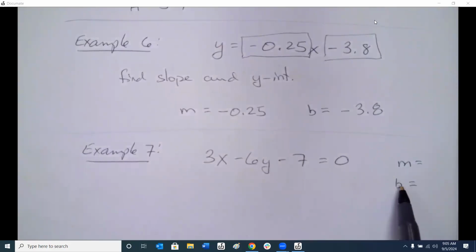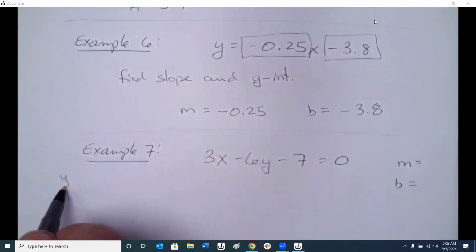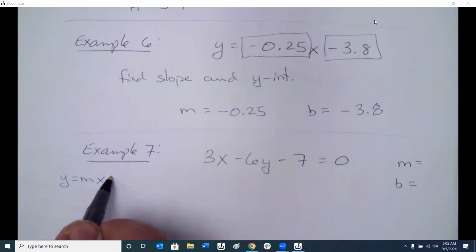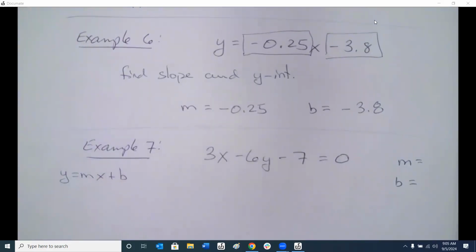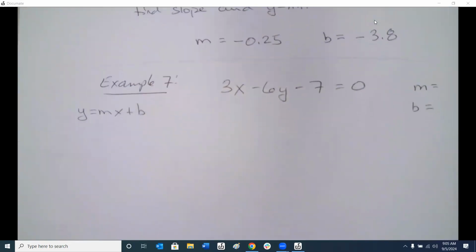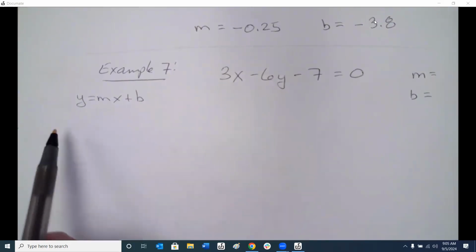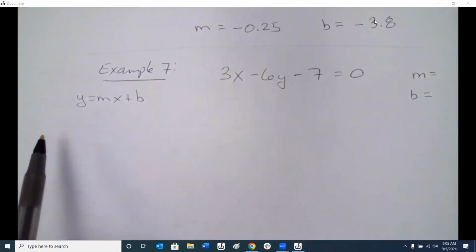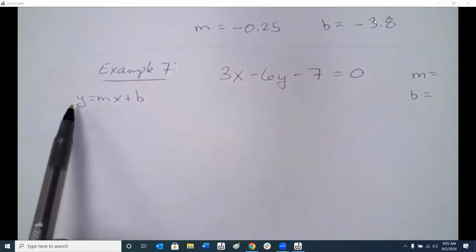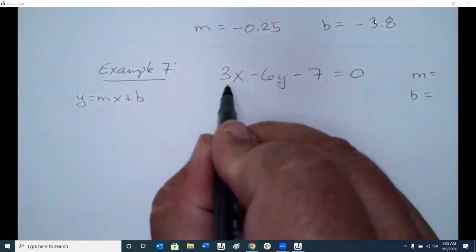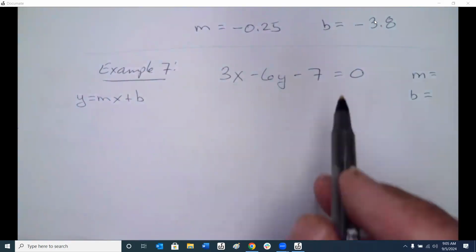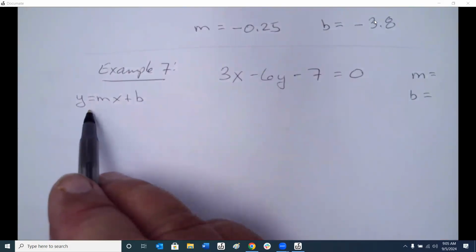Because where would you find m and b? It has to be in this form first. Nope. Well, let's see. We have to solve for y first. So since everything's on one side, we have to get y by itself.